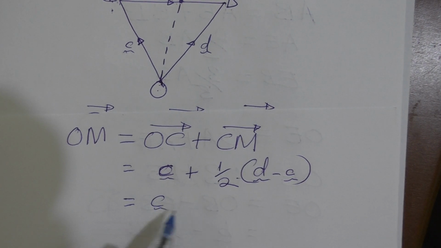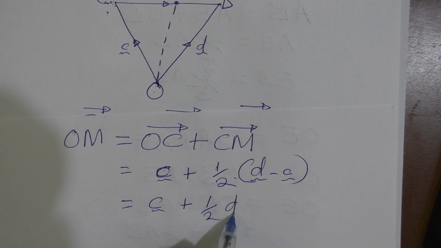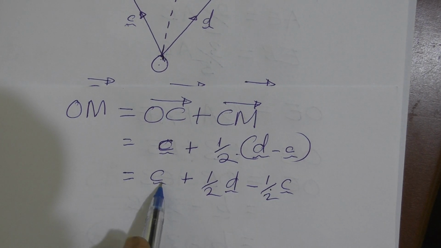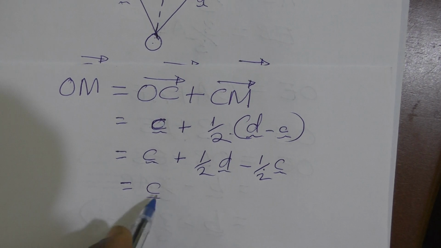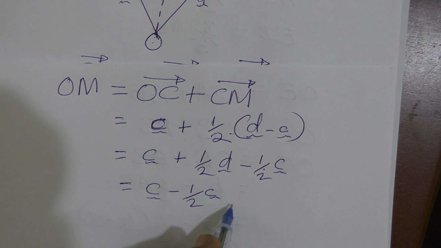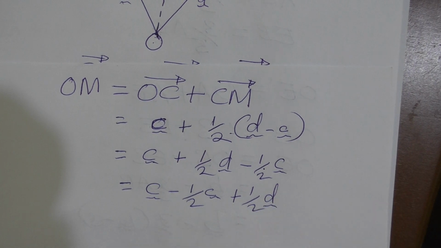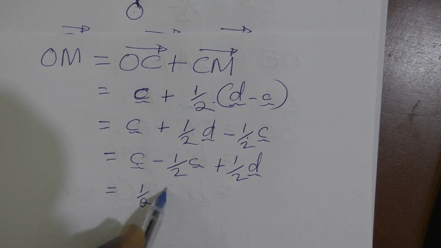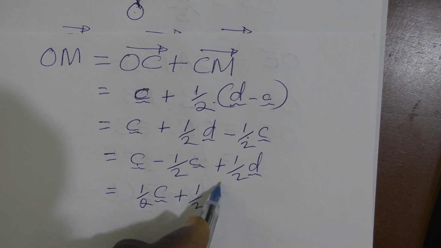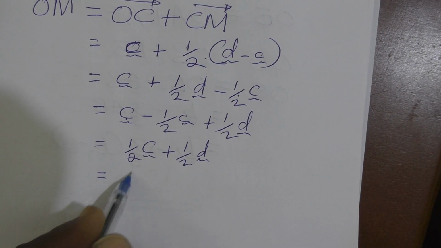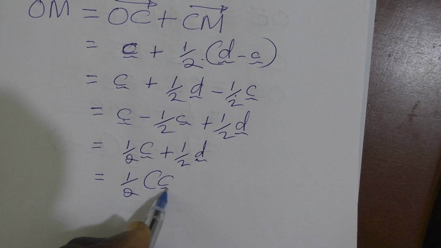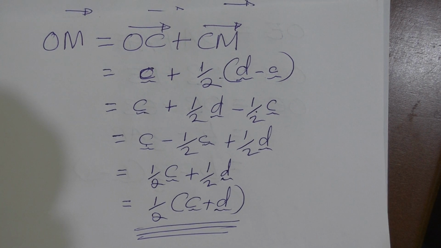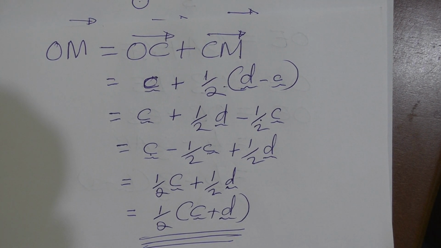So this is C plus a half D minus a half C. So bringing this near this gives us C minus a half C plus a half D. So C minus a half C leaves us with a half C plus a half D. And therefore the common factor is a half into C plus D. So that is how we shall get vector OM.